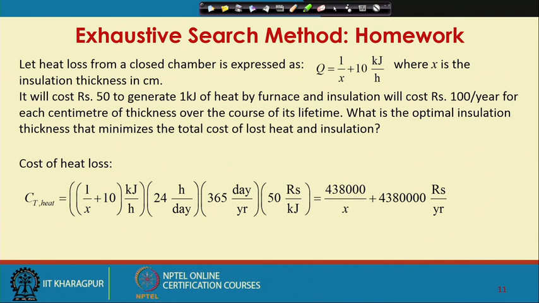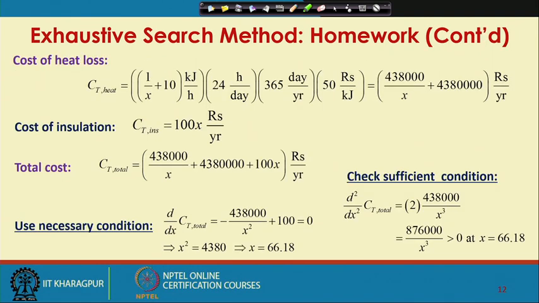What is the optimum insulation thickness that minimizes the total cost of lost heat and insulation? So, you have to calculate the cost of heat loss and the cost of insulation, and then you have to add it up. So, that will give you the total cost.